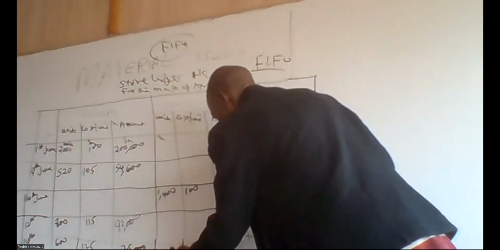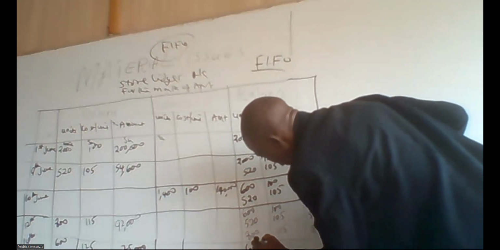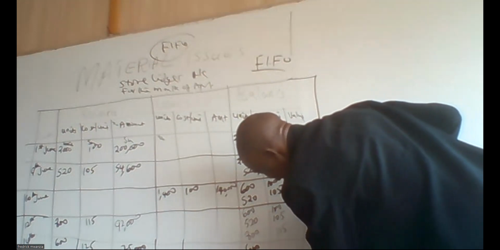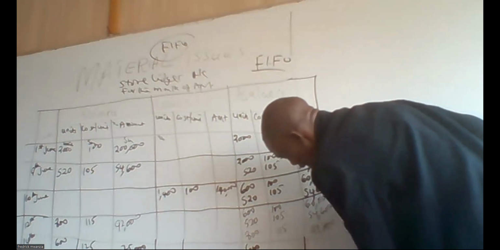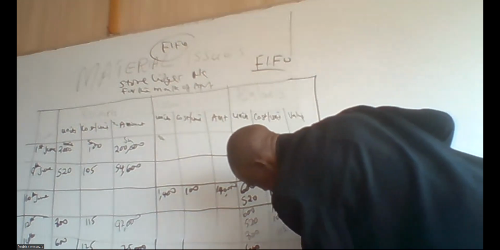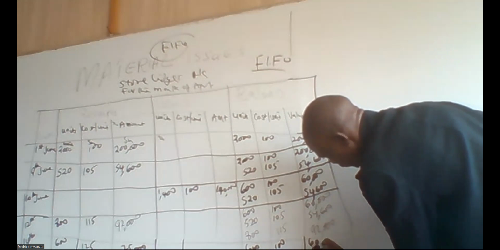Now, you continue that down there. So we have 600, we have 520, we have 800, and then we have received another 600. These are different prices. This was 100, so 60,000.